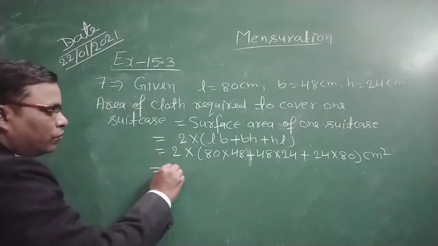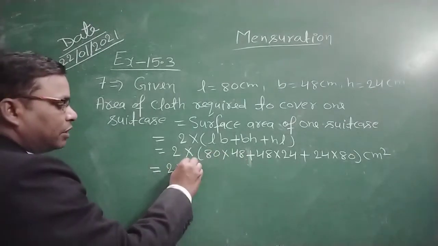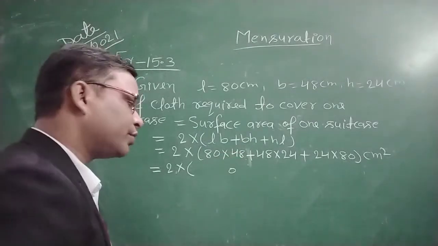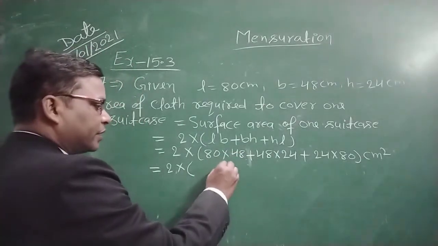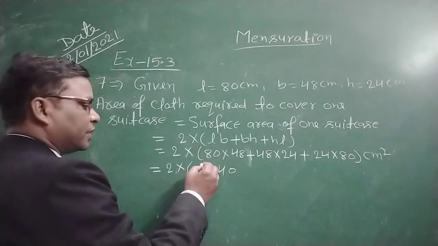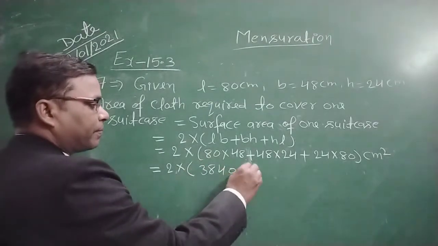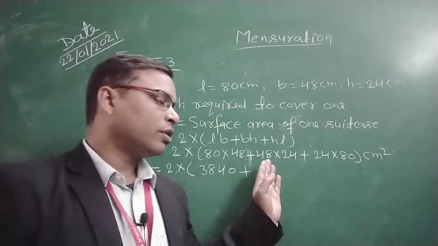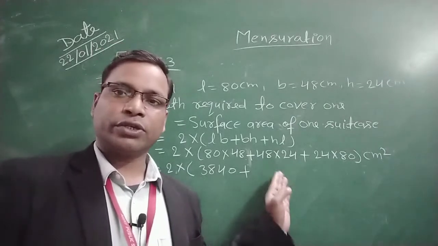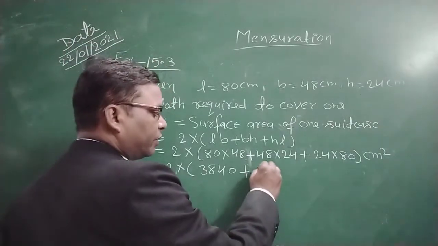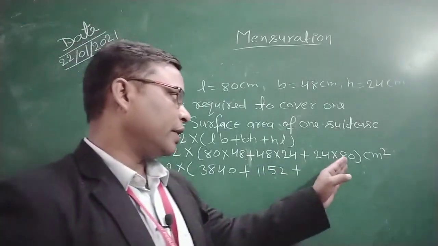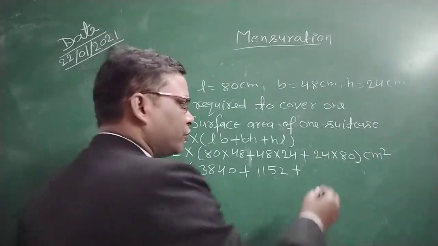Now if you multiply them, 80 into 48 is 3840, 48 into 24 is 1152, and 80 into 24 is 1920.